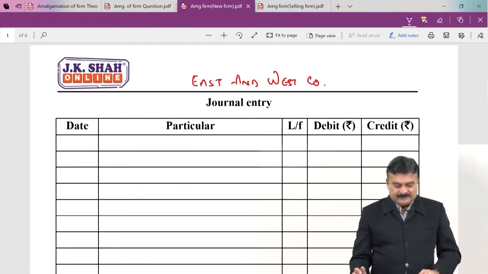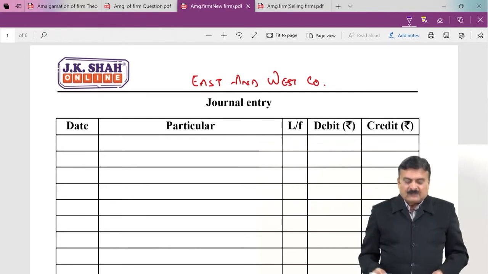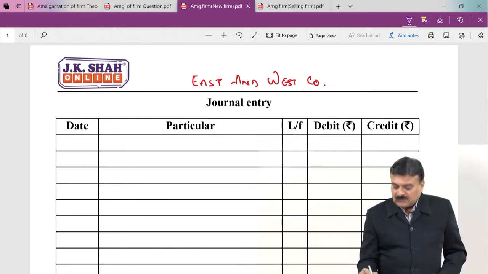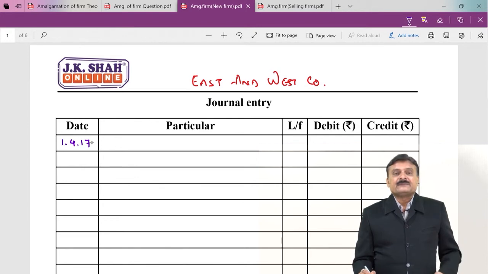Date. This was for the firm 1st April 2017. So date 1/4/17. We start with the entries. First asset taken over was property.